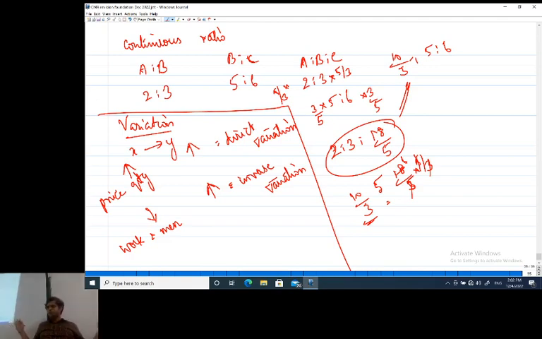If 2 people do work in 8 hours, how much time will 4 people take for the same work? When I increase the manpower, the time required will come down. Are you able to understand? Clear? This is inverse variation.